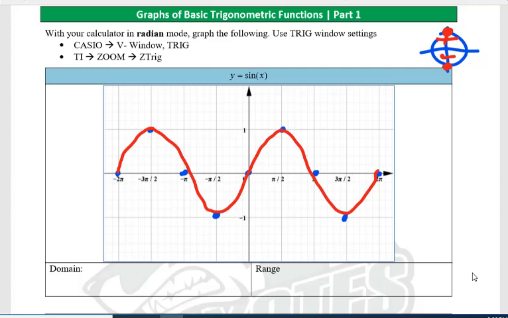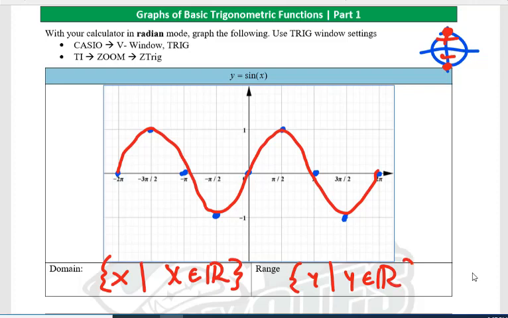Our domain, of course, you could take sine of any angle, and so x, such that x is an element of the reals. There's our domain in set notation. Our range would be y, such that y is an element of the reals. No, it's not. Sure it isn't. Whoa.